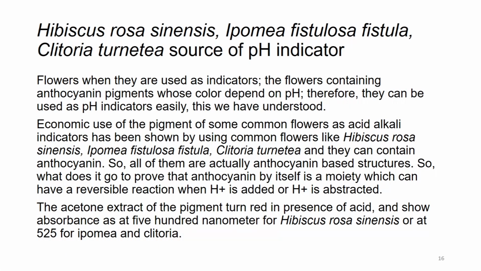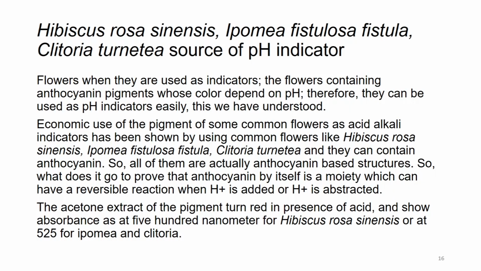Flowers, when they are used as indicators, contain anthocyanin pigments whose color depends on pH, therefore, they can be used as pH indicators easily. This we have understood by now, and this we had discussed earlier also, that anthocyanins have pH sensitivity.